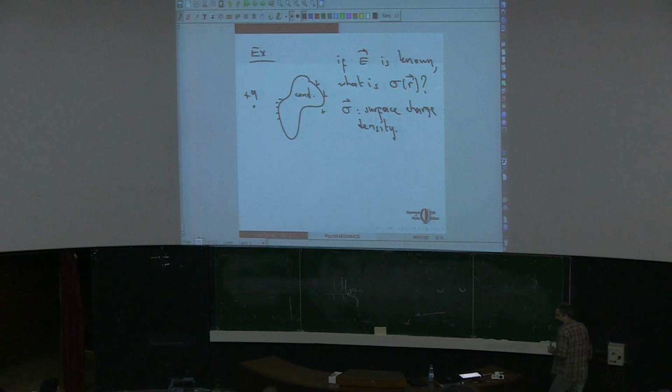Now, up to now, we have always been dealing with cases when we are given the charge, how we can determine the electric field. Now, this is just reversing it around. Given the electric field, how can you determine the charge? So somehow we measure the electric field. What can we say about the charge? In this case, the charge on the surface of the metal.